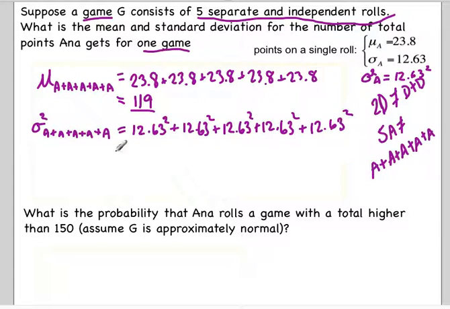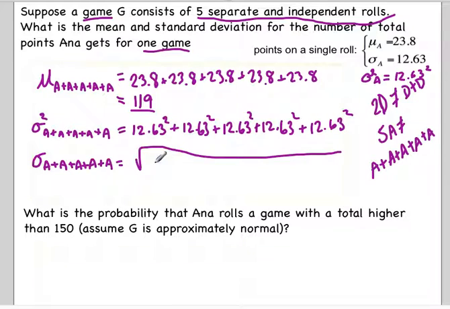Okay, now again, that was the variance. I need the standard deviation. The standard deviation would be the square root of, oh my gosh, my writing is so bad. The square root of all of this stuff. 12.63 squared plus 12.63 squared plus, you get the idea. You could probably write a lot faster than me.